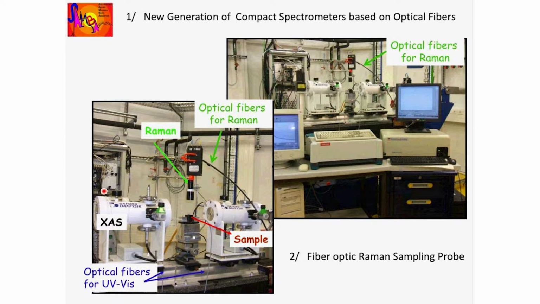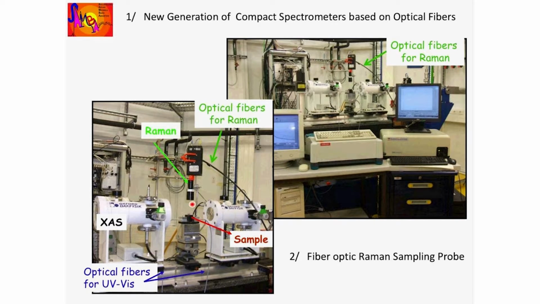The combination of Raman spectroscopy with X-ray absorption spectroscopy was only made possible thanks to the development of a new generation of compact spectrometers based on optical fibers. Here you have a view of the setup used, for instance, on my beamline. This new generation of spectrometers incorporates a laser diode as excitation light and an efficient detector for the Raman signal detection.